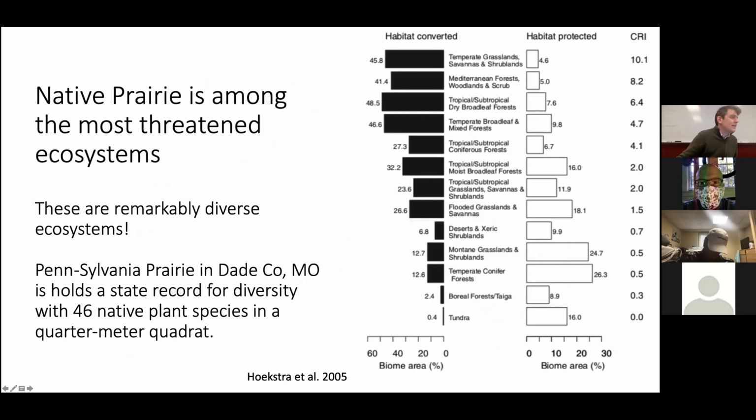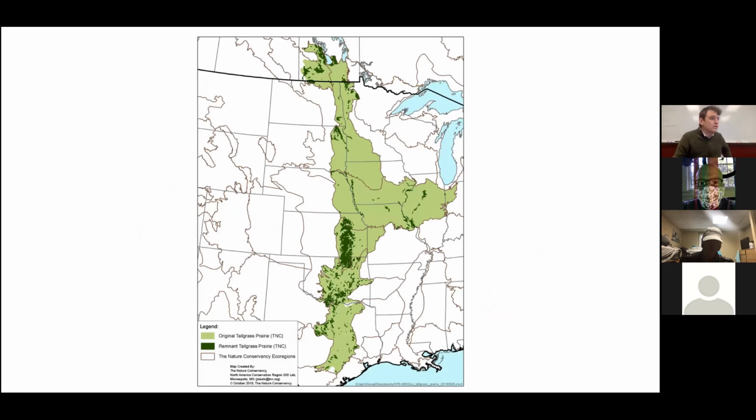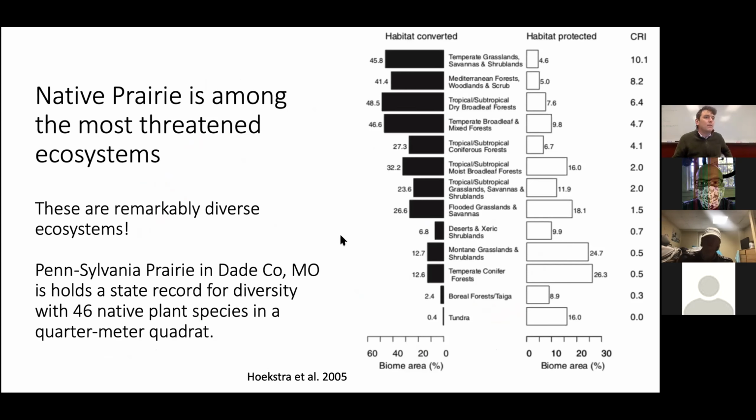This is just a slide I had to highlight not only that it's one of the most threatened areas because it's been converted to agriculture, but a very small proportion of grasslands around the world are protected from further development. But they're really important and diverse.